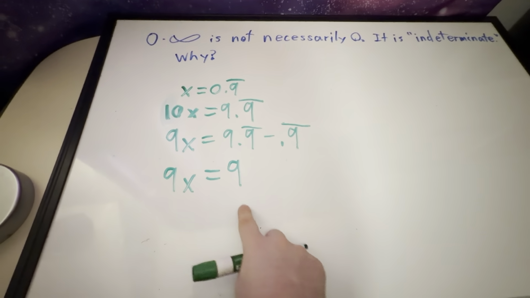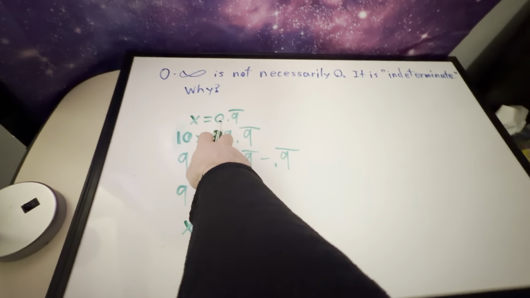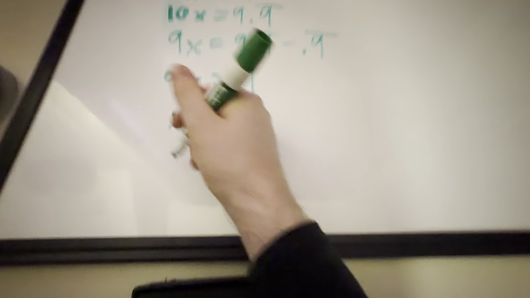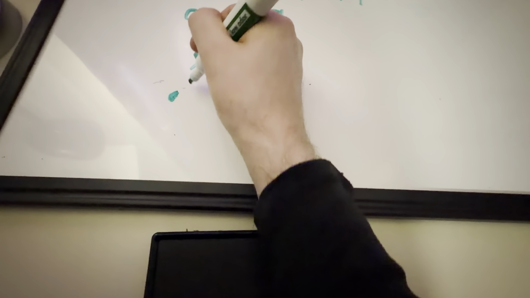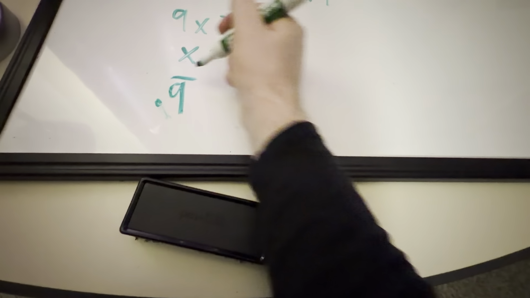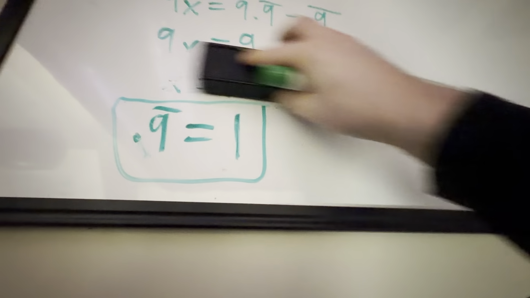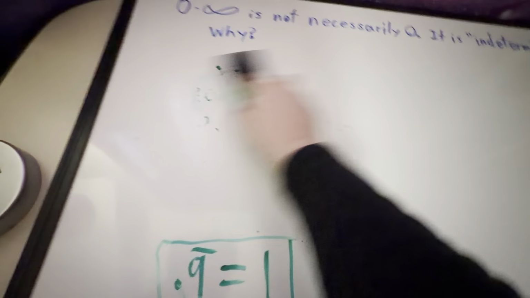So we just get 9x equals 9, which means x equals 1, and up here 0.9 repeating equals 1. Let me write that a little bit further down. 0.9 repeating equals 1. So now that that's out of the way, we can get to talking about this.